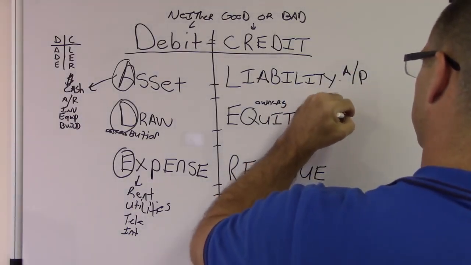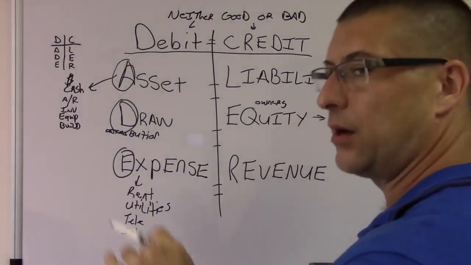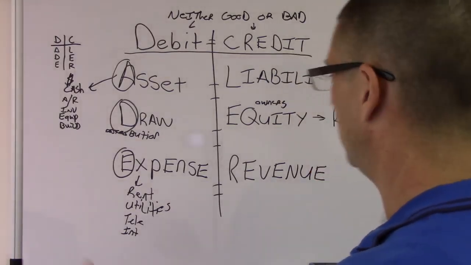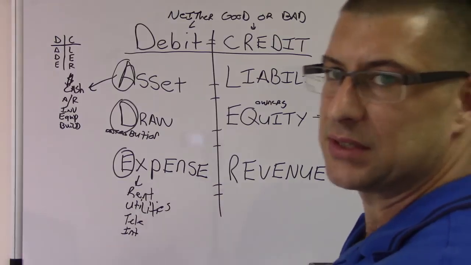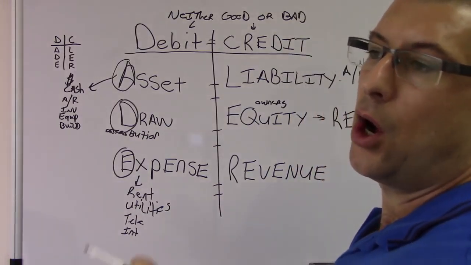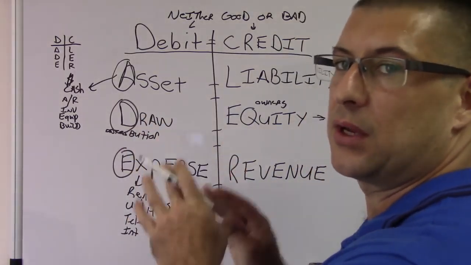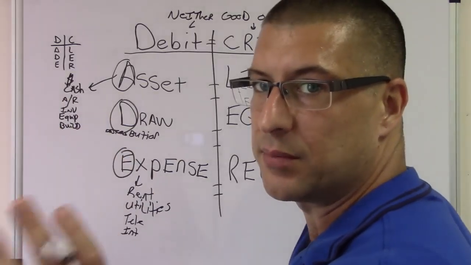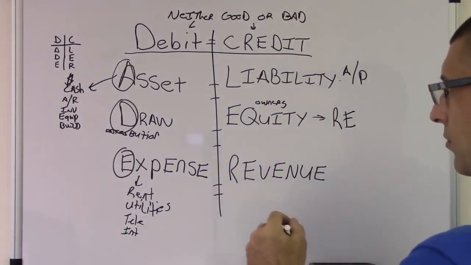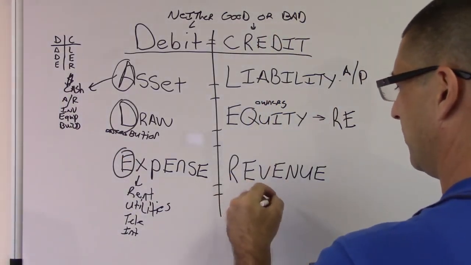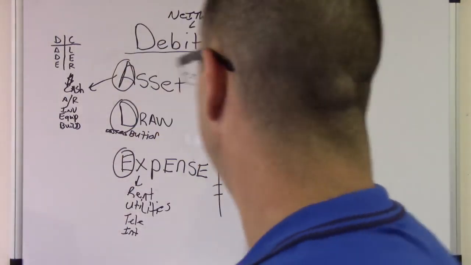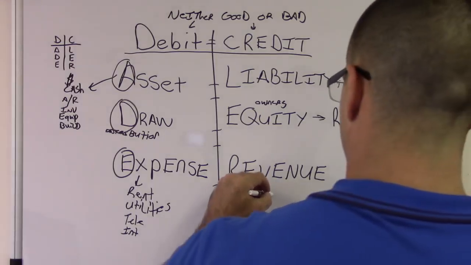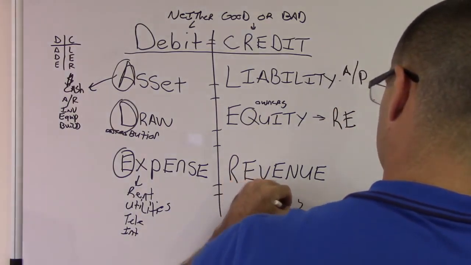We'll get into that later, but for now, just the owner's equity. That's how much you have in the business. And also revenue. So you make a sale, you do service, that's going to be revenue. So sales, service.